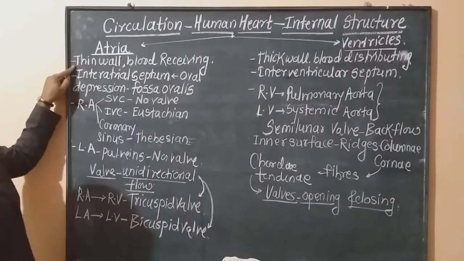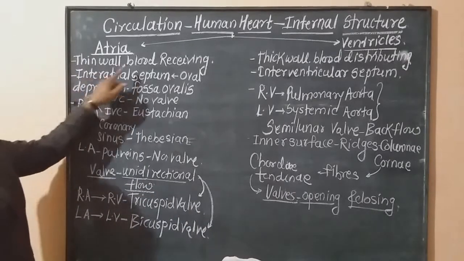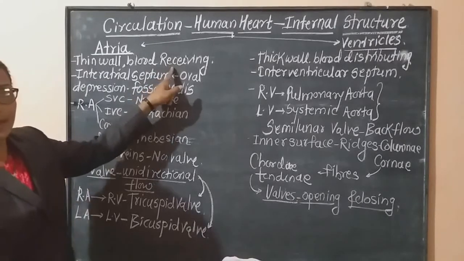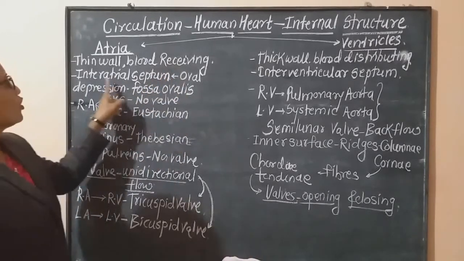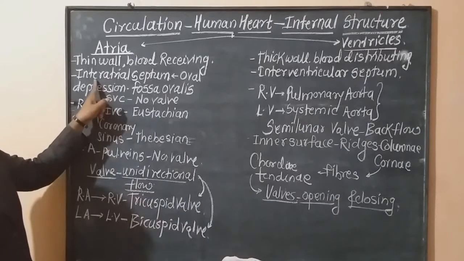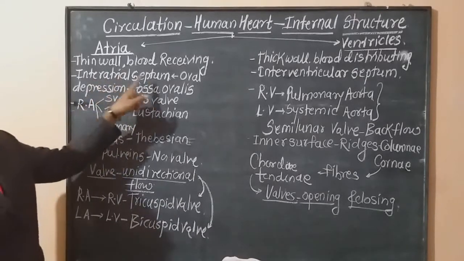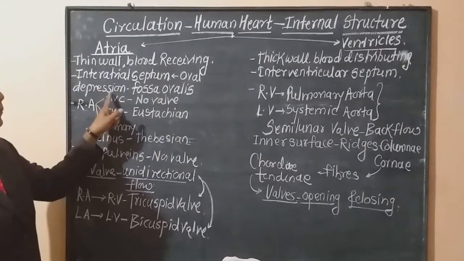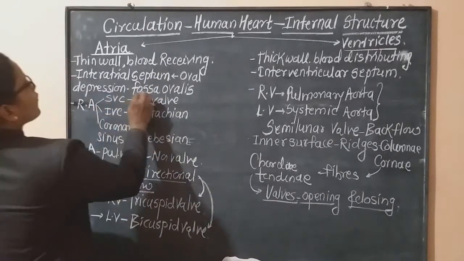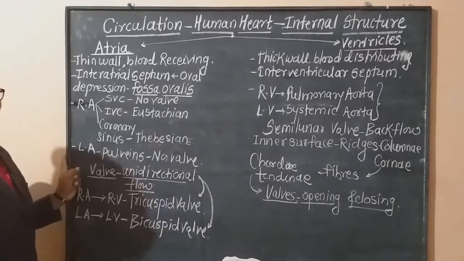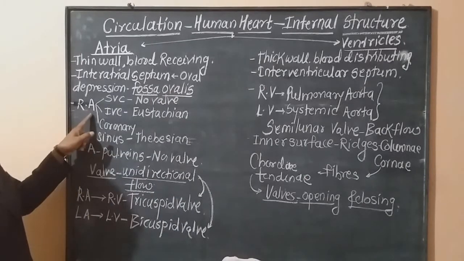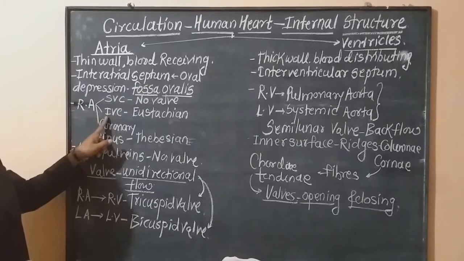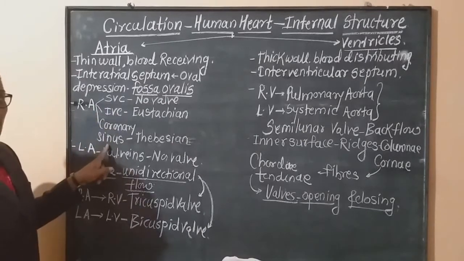See, the atria are thin walled, blood receiving chambers. The two atria, the right atrium and left atrium, are separated from each other by the interatrial septum, and this septum has a depression called the fossa ovalis. In the right atrium, three blood vessels open: the superior vena cava, inferior vena cava, and coronary sinus.